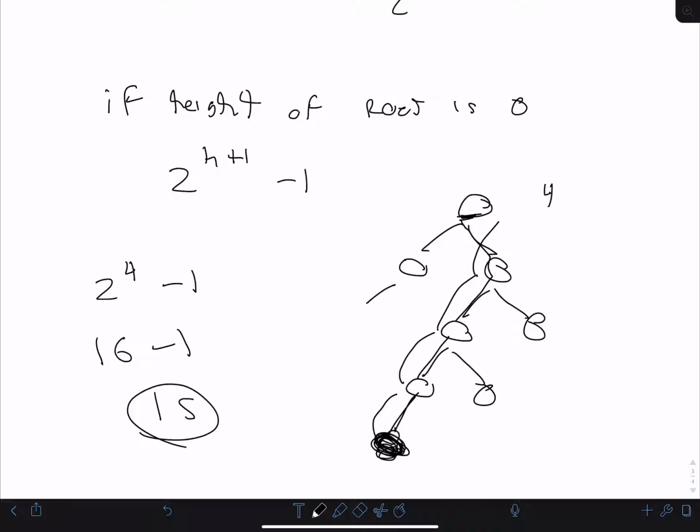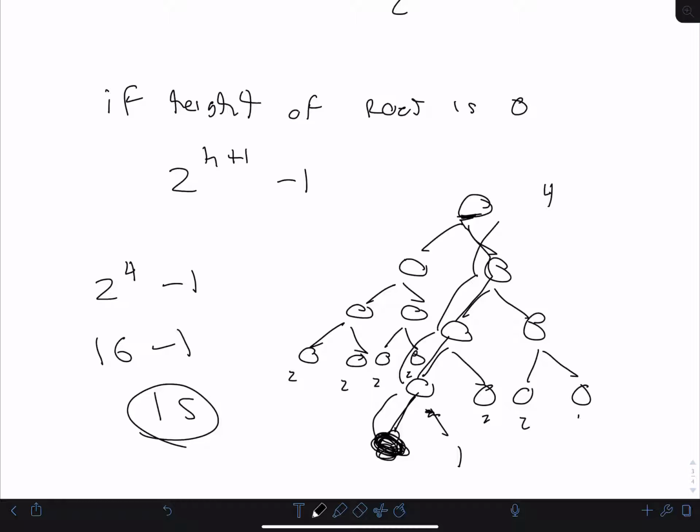Is that the case? Well, let's fill this tree up with everything that it can have. So that would be like that. Then it would be like that. And then that. And then the next level. We need everything at least one more level, right? So we would have 2 more, 2 more, and so on.